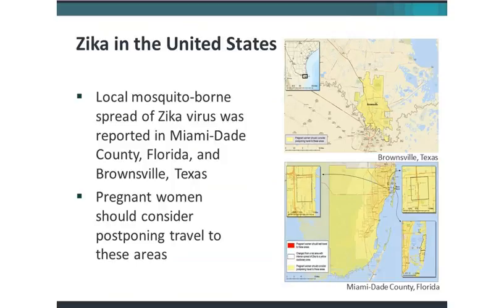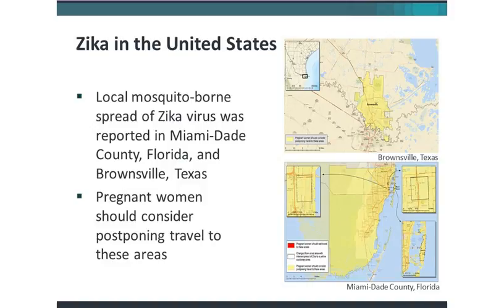So Zika in the United States, as I mentioned before, we've seen these cases in Brownsville and also in Miami-Dade County, and these are the only places today where we've had local transmission. Currently we have these demarcated as what we call yellow zones, and for these yellow zones, we recommend that pregnant women should consider postponing travel to these areas.